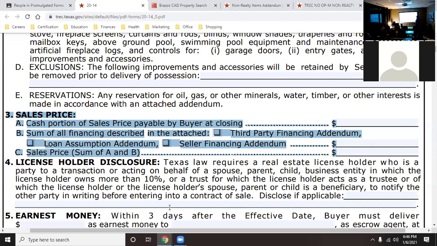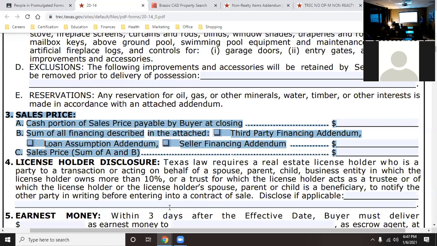So if Mr. Grossman's buying a $200,000 house for himself, he'd put $7,000 in A. He would check which of the financing, which is mostly going to be third-party financing, and then he would put $200,000 minus the $7,000, whatever he comes up with that number, which would be $193. So he would put in box B $193,000, and then in C he would add A and B to get the $200,000. Does that make sense?